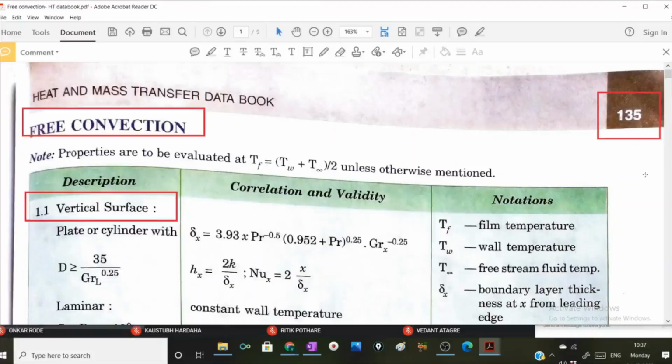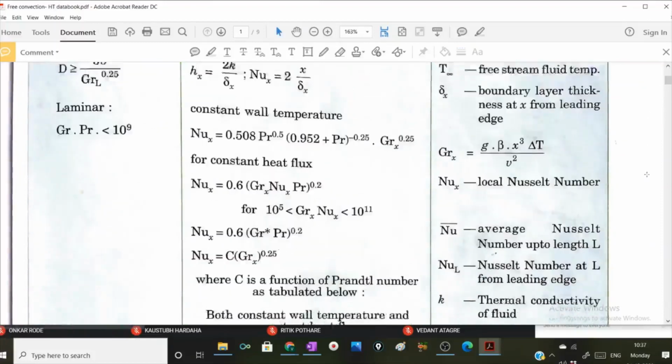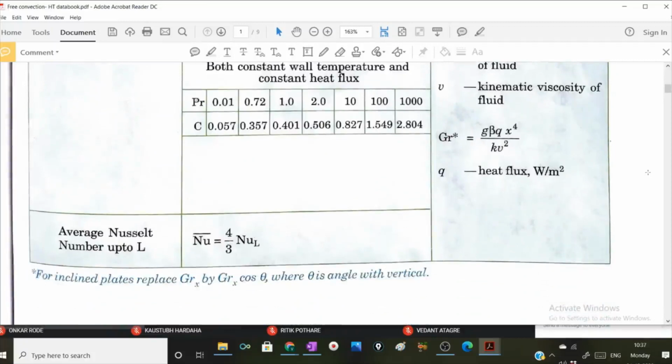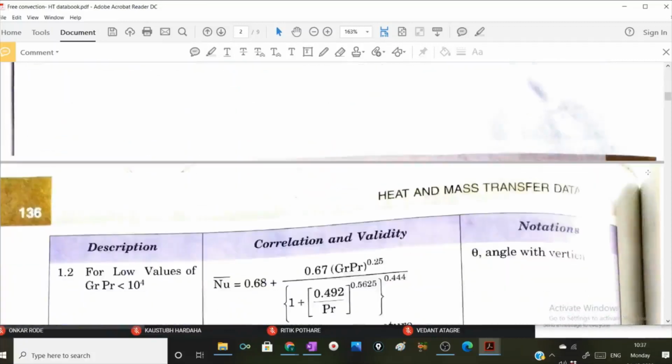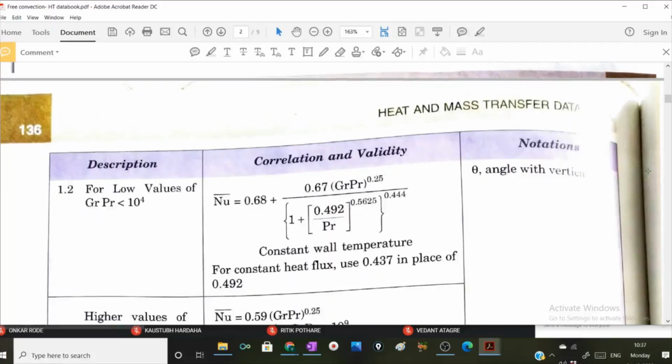Then from here scroll down, equation 1.2 is for low values of GrPr less than 10 to power 5, whereas in our case the value of GrPr is 10 to power 8. So equation 1.2 will not be applicable.